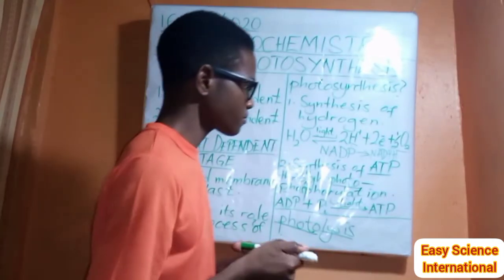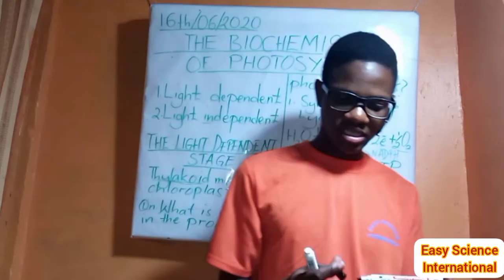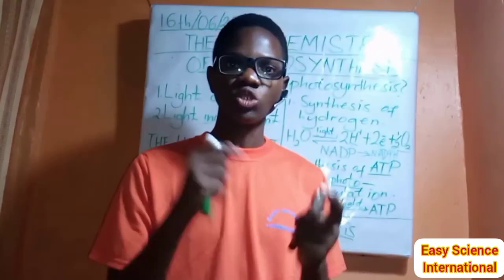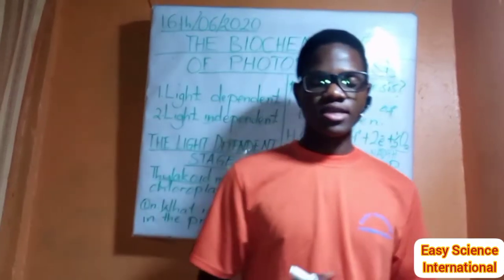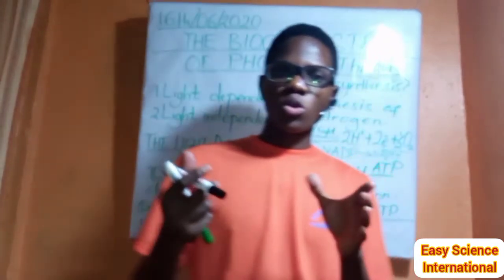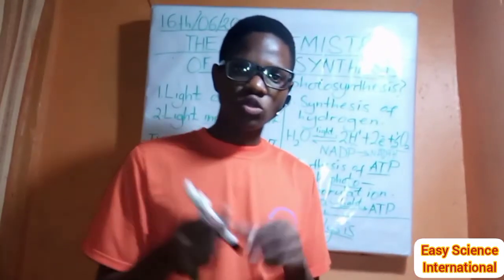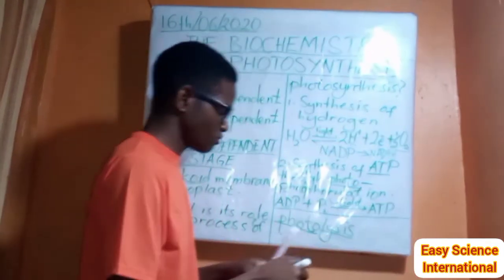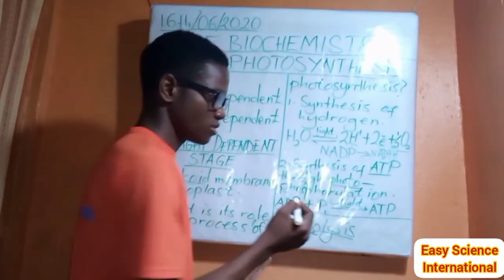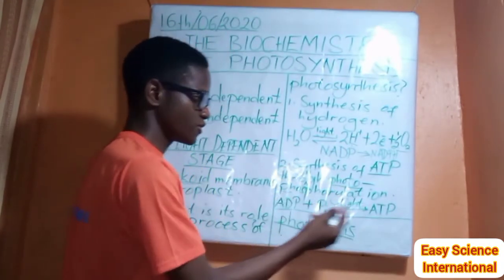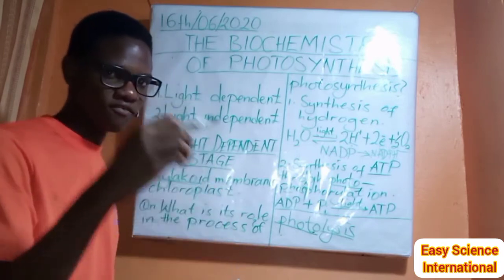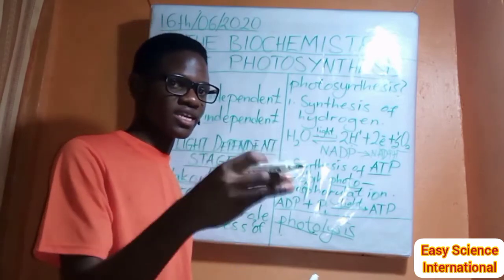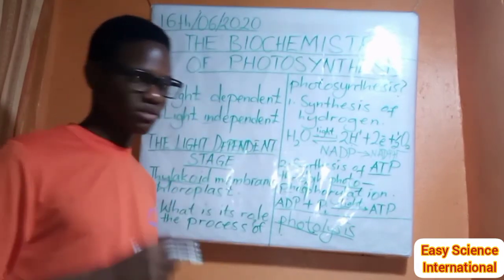Now, ATP in full is adenosine triphosphate. Whenever you see photo, meaning there is light, and phosphorylation, you are adding phosphorus. Actually you're adding a molecule of phosphate to another molecule.